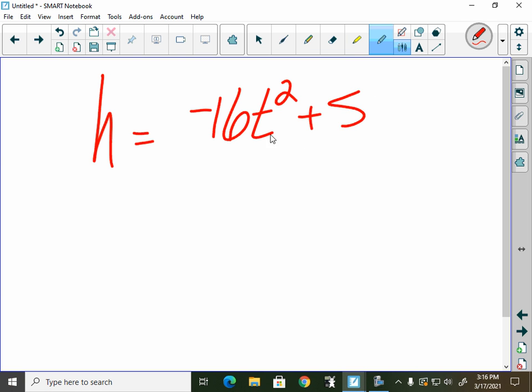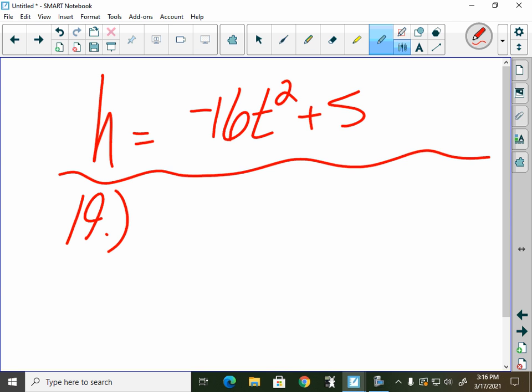H equals negative 16 t squared plus s. Number 19 says, if an object is dropped from an initial height s, how long will it take to reach the ground? Assume there is no air resistance.